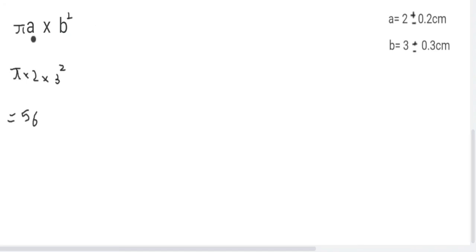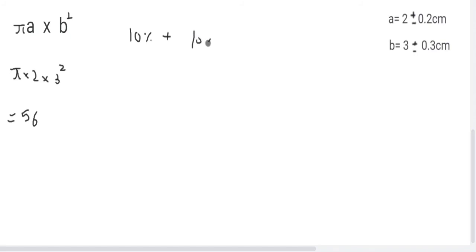Next, I would find the percentage uncertainty in A and then find the percentage uncertainty in B and add both of those percentage uncertainties. Let's first find the percentage uncertainty in A, which was 10%. I would add this with the percentage uncertainty of B, which was 10% as well.